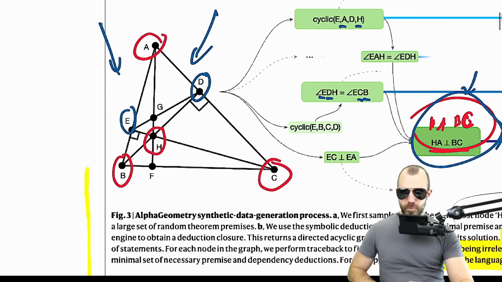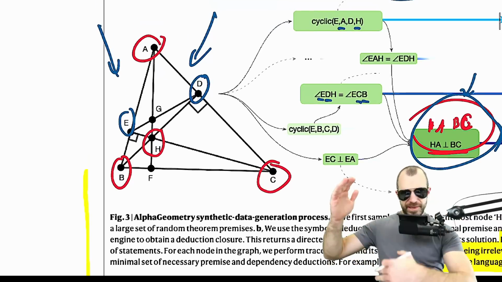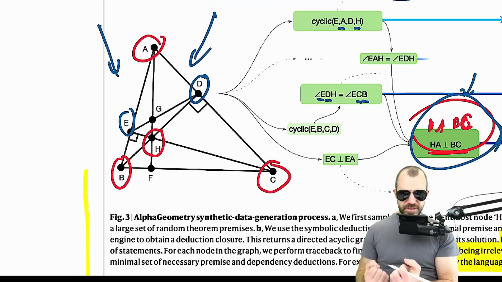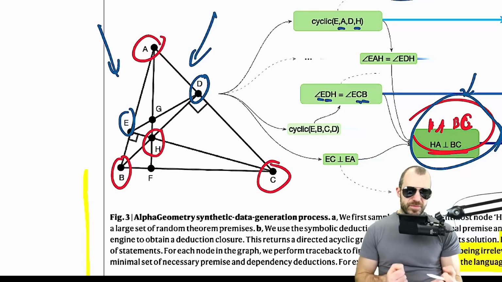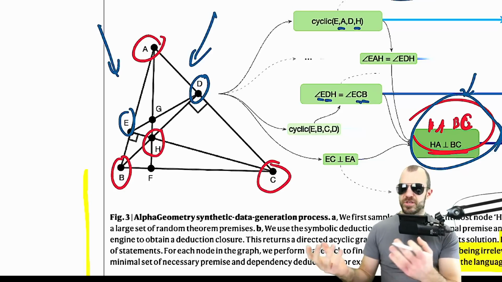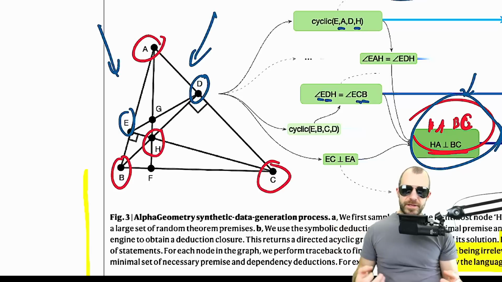So step one, we use this list of constructions, and we sample at random to construct something like this, right? That by definition means that anyone could construct these things, because you can just say, well, let's just construct the midpoint of this and consider it, right? And so on.